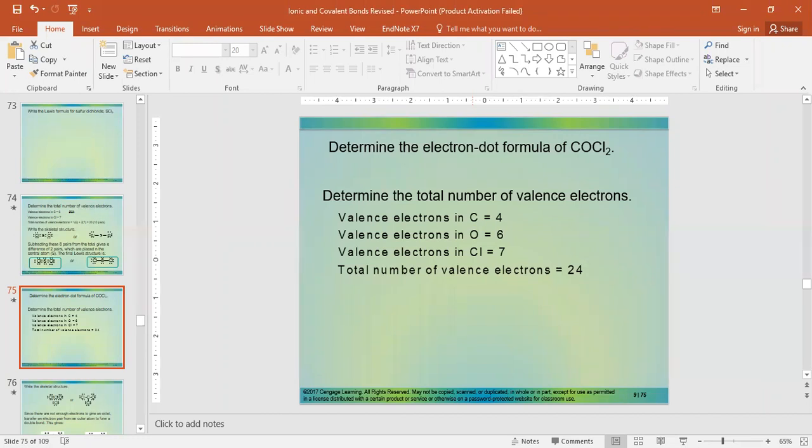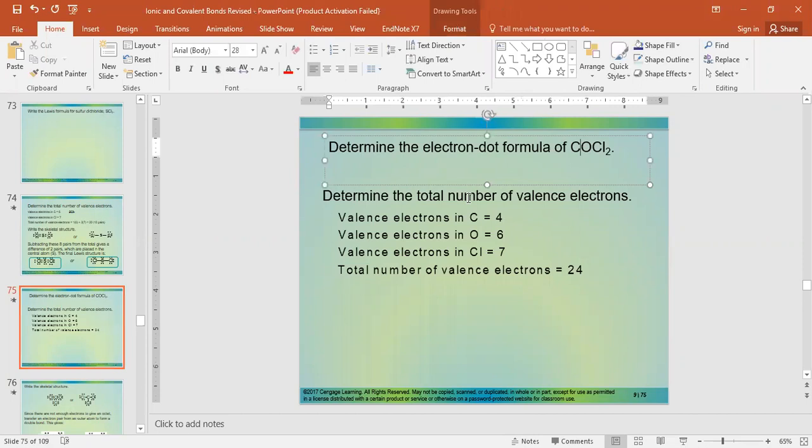So that is what I want us to discuss. This is what we call the chloryl fluoride. It is not chloryl fluoride, sorry. It is chloryl carbonate.